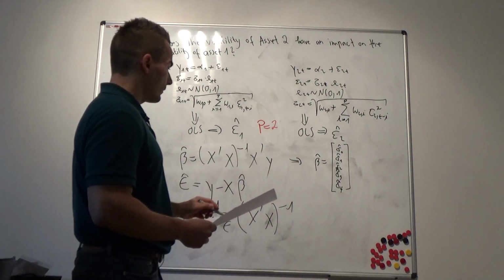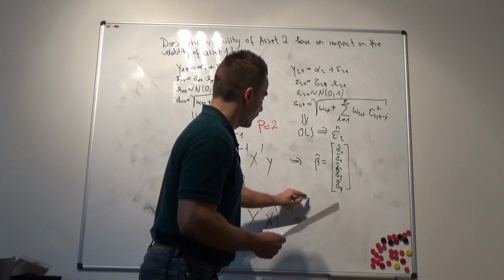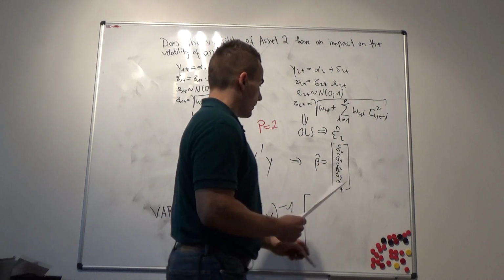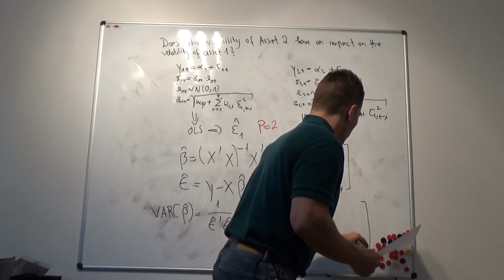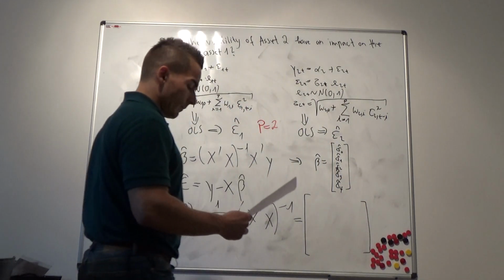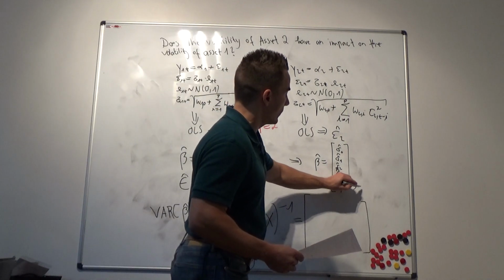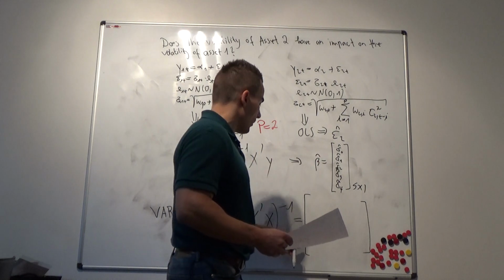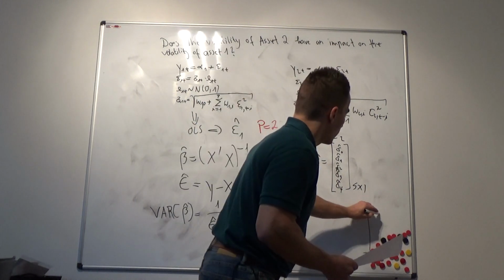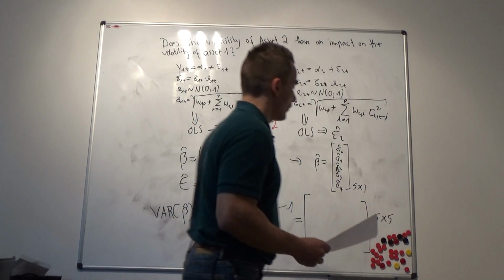So what comes out here is a covariance matrix that has the dimension 5 by 5. This is a 5 by 1 vector, so our covariance matrix has the corresponding dimension 5 by 5.